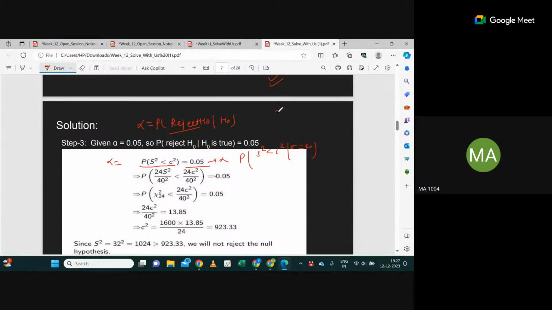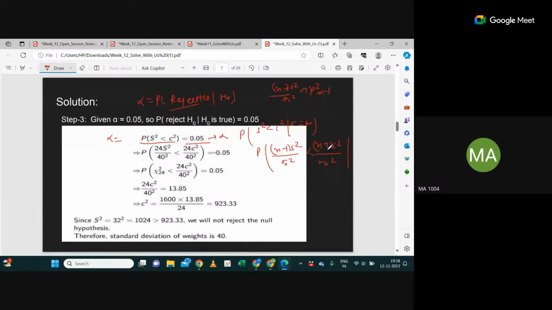Now we know n minus 1 S square divided by sigma naught square follows chi square n minus 1, so we have n minus 1 S square divided by sigma naught square less than n minus 1 C square divided by sigma naught square, given that sigma is 40.